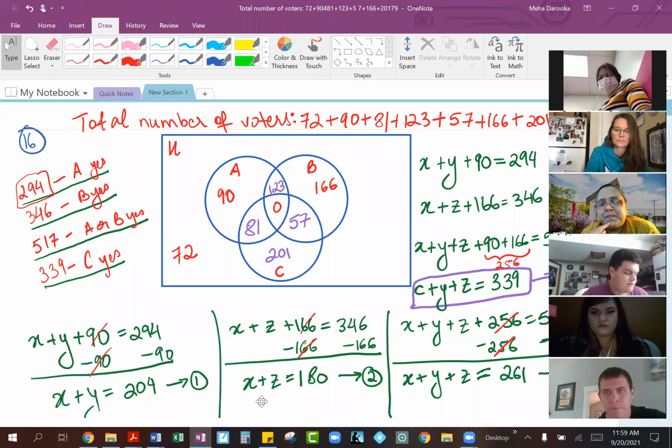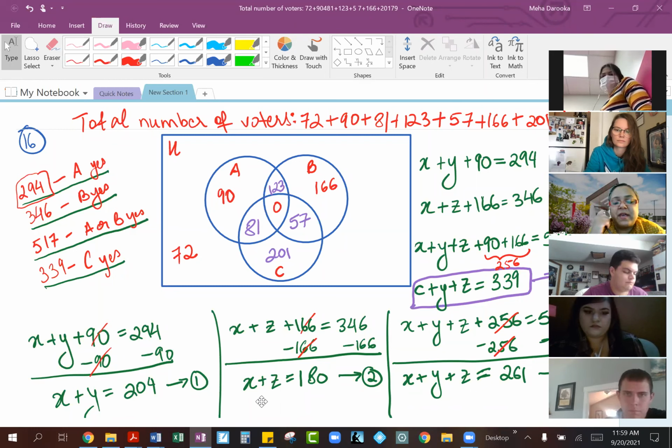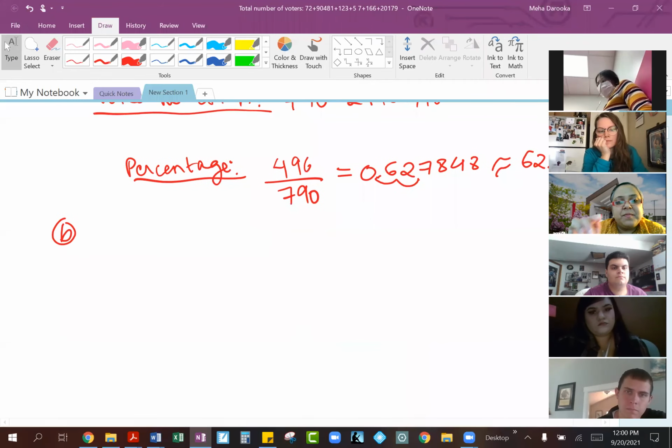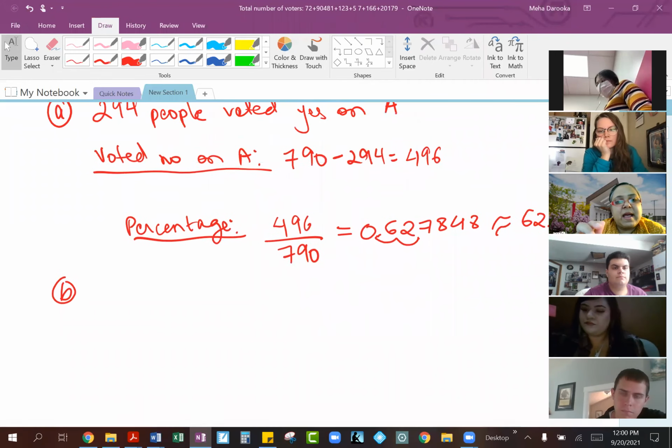Yeah, I added 123, 81, and 57 together. Very nice. Yeah, because you got to look at the overlapping regions, right? To see how many people voted on more than one proposition, because the 90, 166, and 201 only represents one yes vote for that particular proposition.